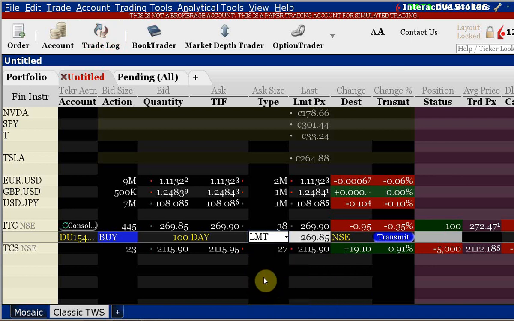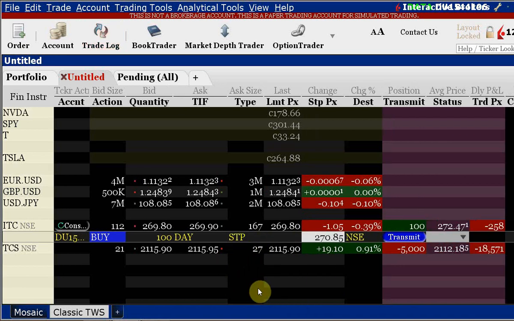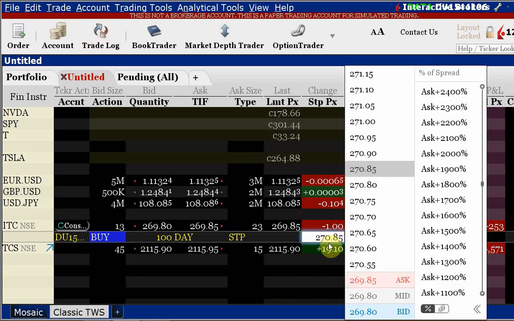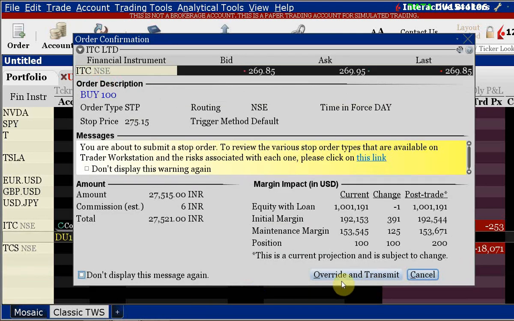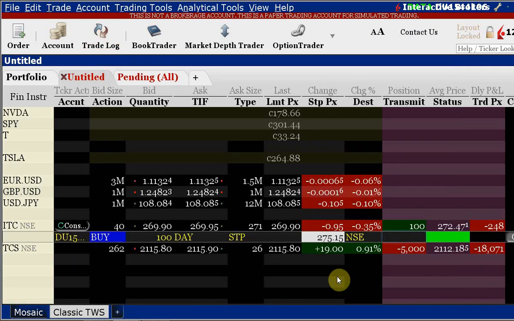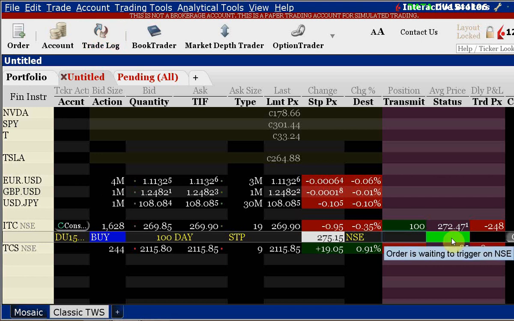This is going to be a stop order, and the stop price has to be edited to 275.15, like I said. Is this clear? I set a 275.15 stop order and I transmit. There are all kinds of warnings, we'll just override and transmit. The order is now live because I got a green signal here.